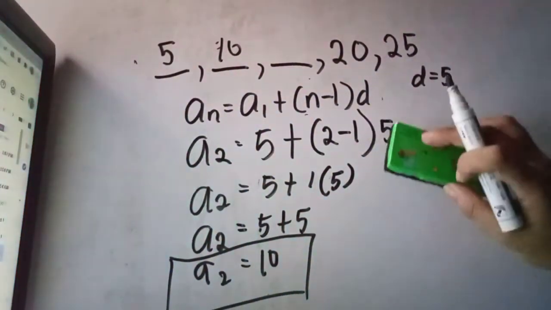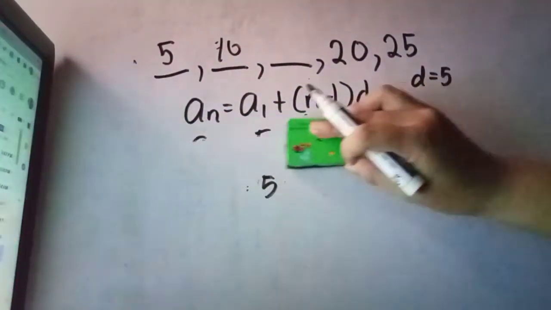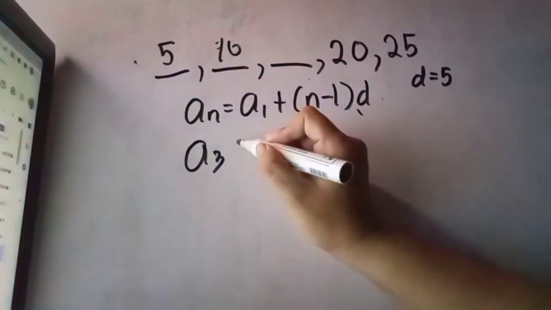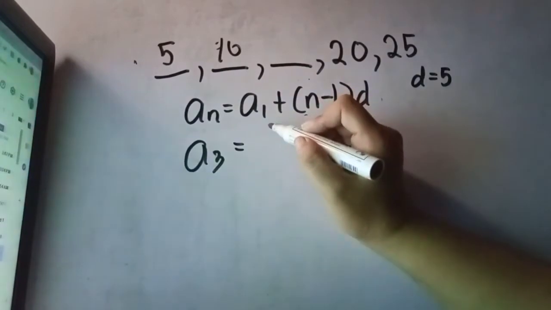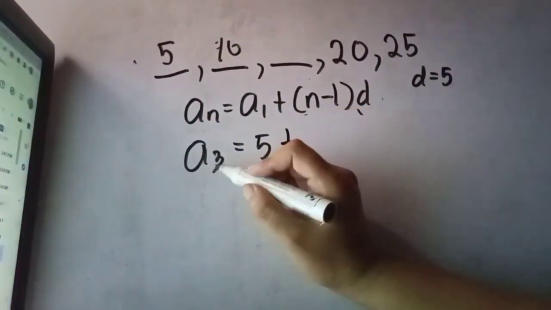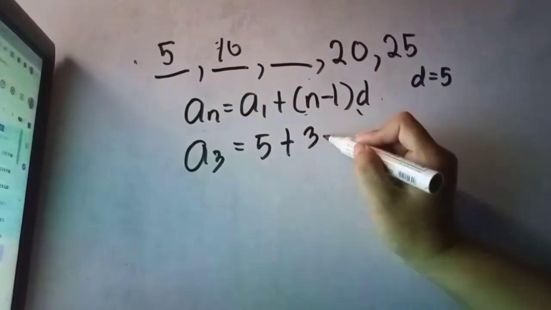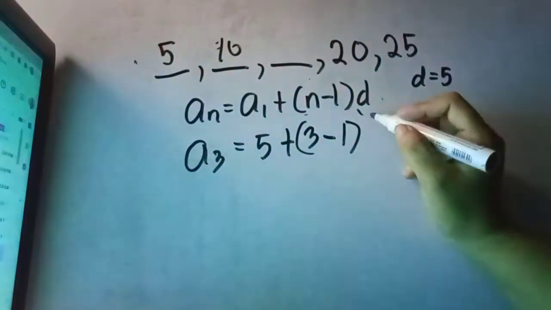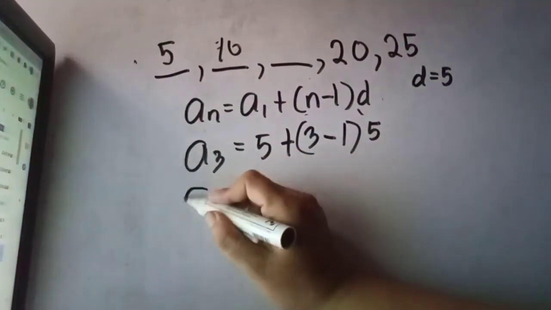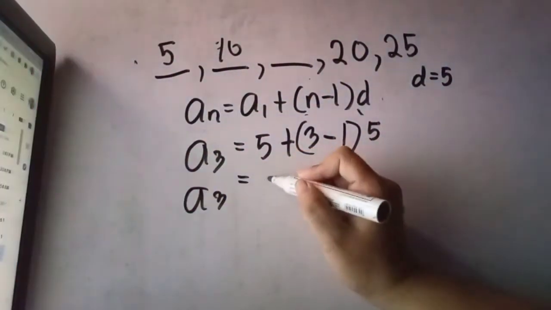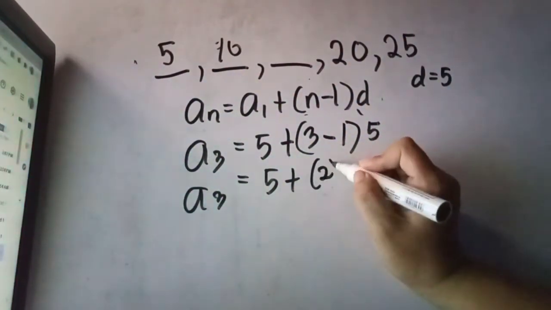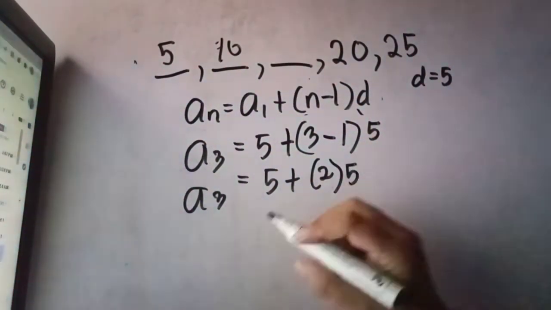Okay, how about the A sub 3? Same formula. A sub 3 is equal to A sub 1 is 5 plus ang ating n ay 3 minus 1. Ang ating d ay 5. So, A sub 3 is equal to 5 plus 3 minus 1 ay 2 times 5.